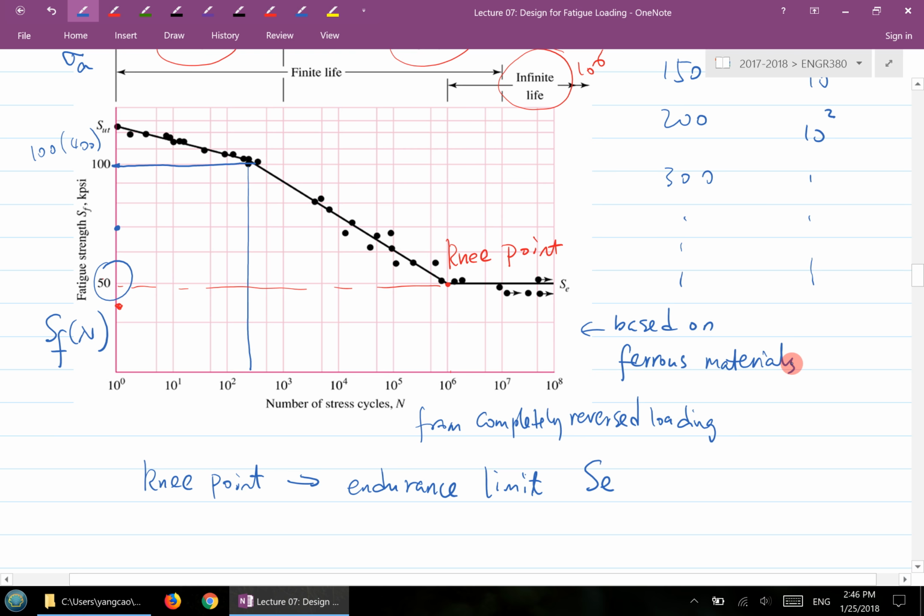If it is a non-ferrous material like aluminum, you will actually see this curve keep going down. So the knee point only exists for ferrous materials, or in other words, endurance limit SE only exists for ferrous materials.